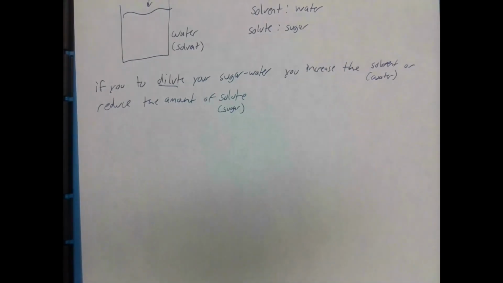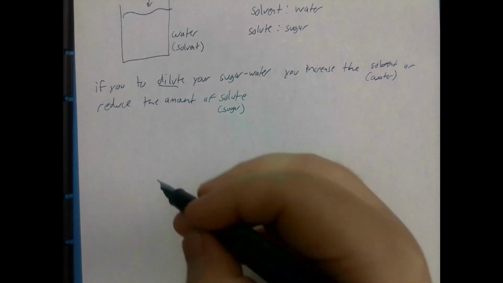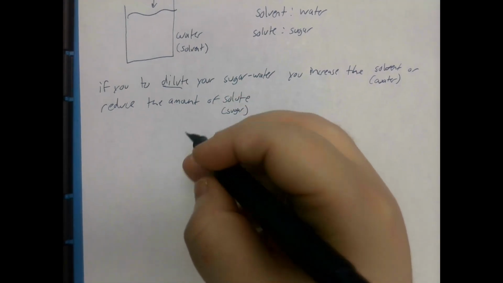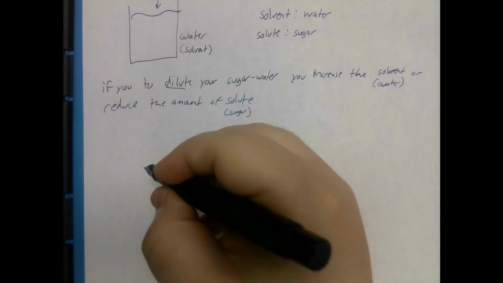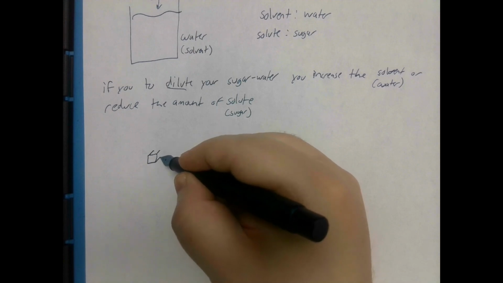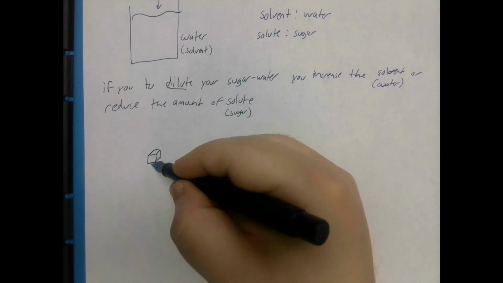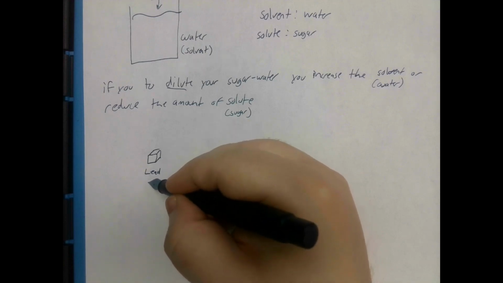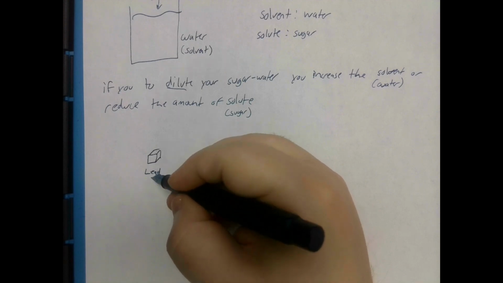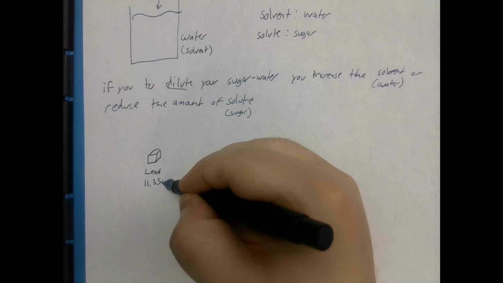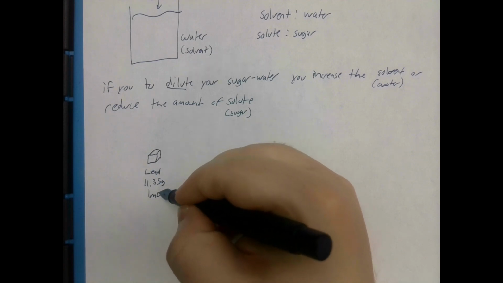Let's suppose I have a 1 milliliter cube of lead, and that would weigh 11.35 grams for 1 milliliter.